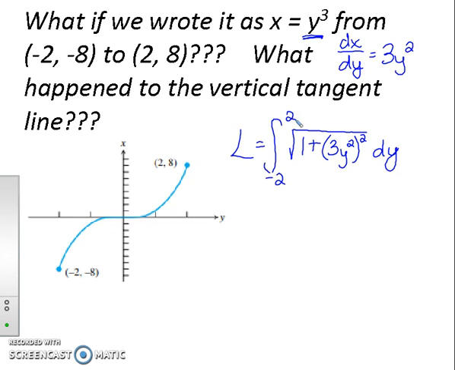That's how we deal with the fact that there is a place where we couldn't integrate from before because our function was not differentiable along the whole way. So that becomes the integral from -2 to 2 of the square root of 1 plus 9y to the 4th dy. Now this one you could not use u substitution with, so you would just math 9 that in your calculator.